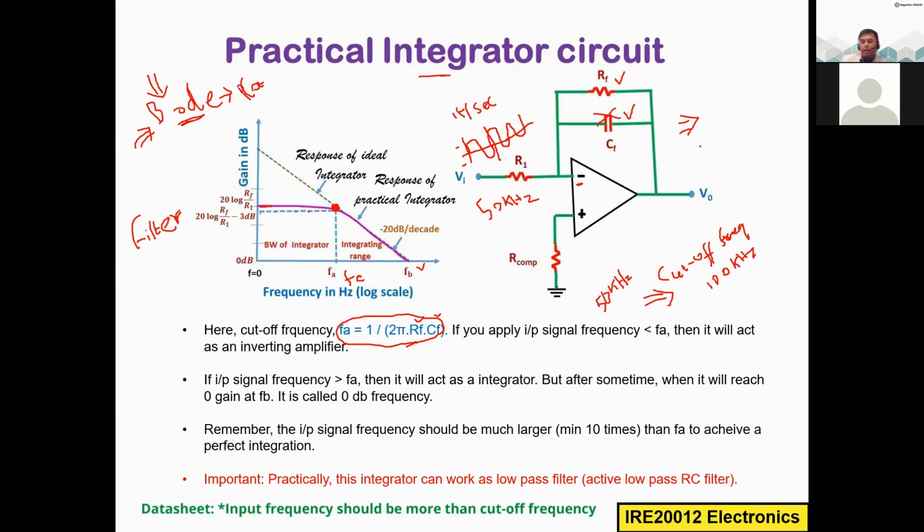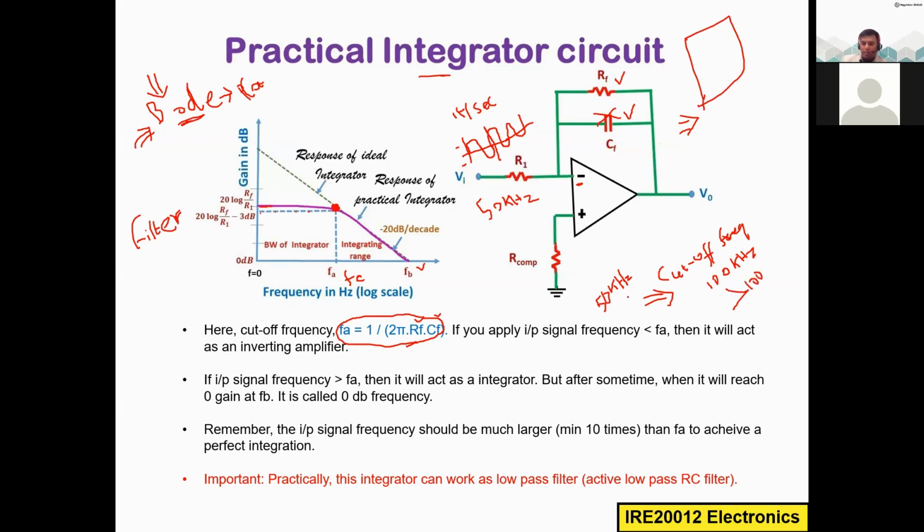So in that case, I will write in the specification or data sheet that the input frequency must be more than this 100 kilohertz. For example, instead of 50 kilohertz, I apply 110 kilohertz. This is just an example, because if you have some numbers in your mind, you can easily remember the concept.